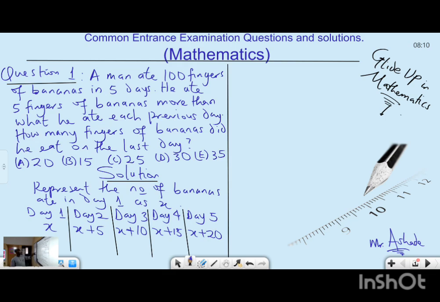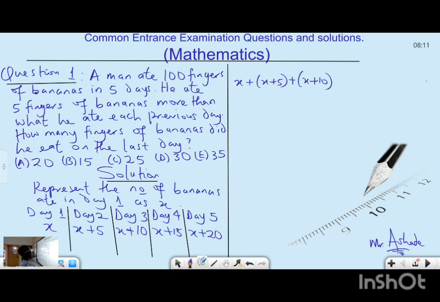And we were told that the total fingers of bananas is 100. So by the time we add everything together: day 1, X, plus day 2, X plus 5, plus the amount eaten in day 3, X plus 10, plus day 4, X plus 15, plus day 5, X plus 20.